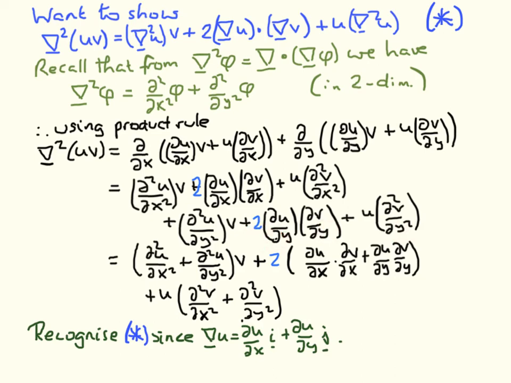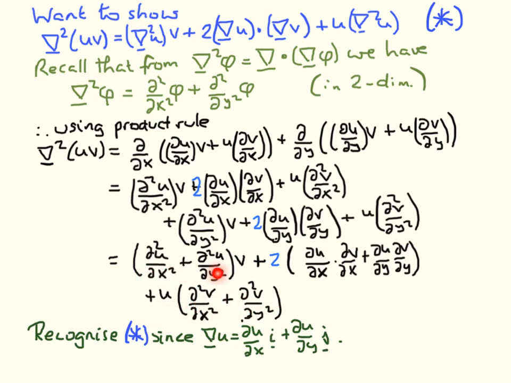So now let's put similar terms together. This is the second derivative of u with respect to x times v, and over here we have the second derivative of u with respect to y times v. So let's put those two terms together. We have these terms which have a common factor of 2 that I can take outside, and then we have got this term, the second derivative of v with respect to x, and the second derivative of v with respect to y, both multiplied by u, so I'll put those together here.